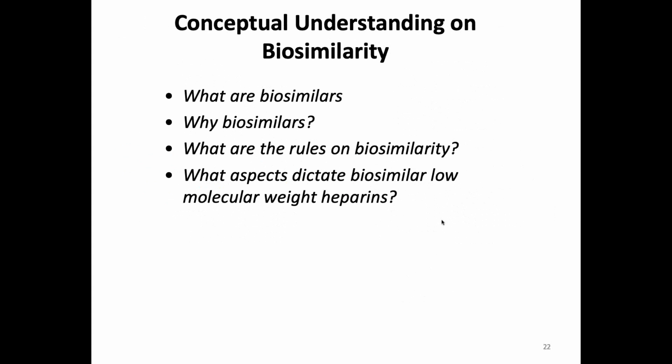Because of this fighting, and because the prices of enoxaparin and others kept high, the patients were not really being served well. So Congress took this up, and they said, FDA, you need to develop rules so that other people can come up. So now we have biosimilarity rules that help with this entire process.